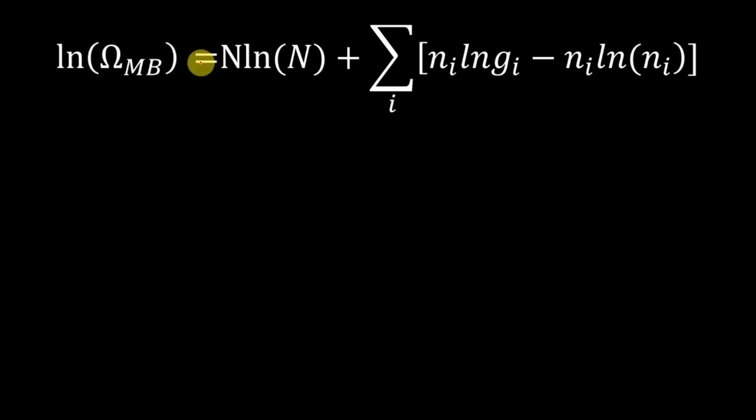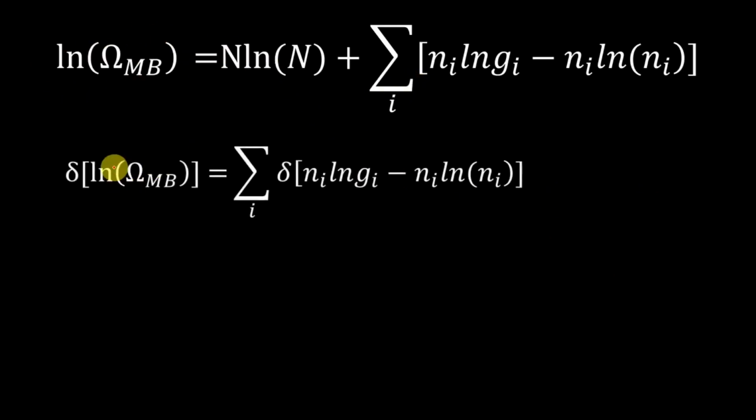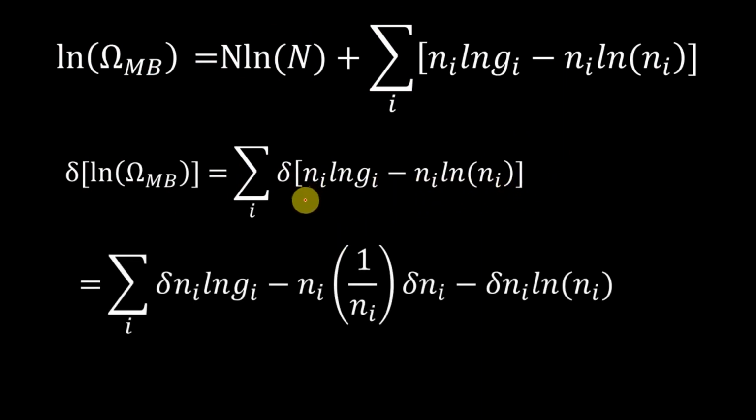We will take the derivative of this thing in here. So taking derivative of this, in here this thing is constant, so its derivative is 0. So this thing vanishes and we have the derivative of this thing in here. Now we will take the derivative of this inside thing. In here be very careful. This g_i thing is also not subject to variation. This n_i thing is what is subjected to variation.